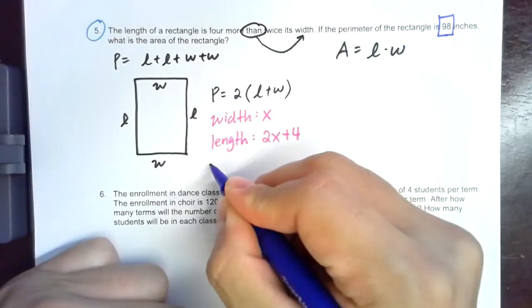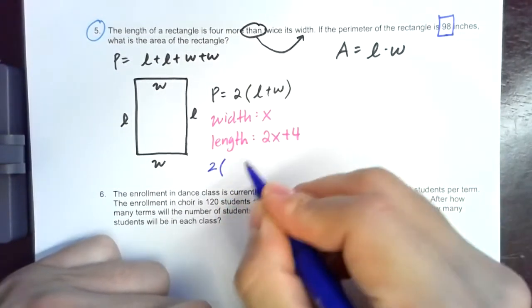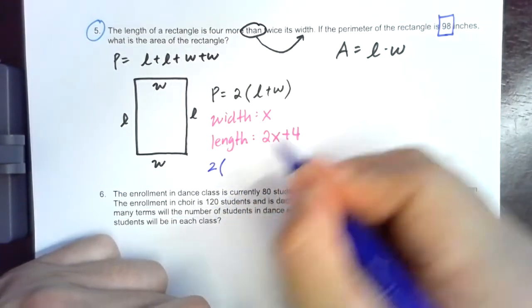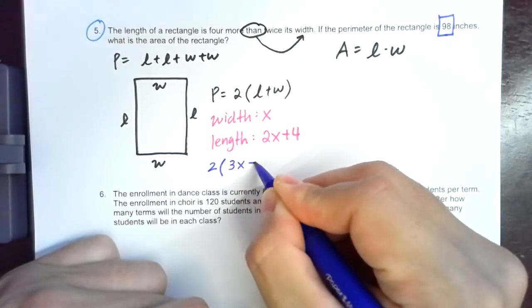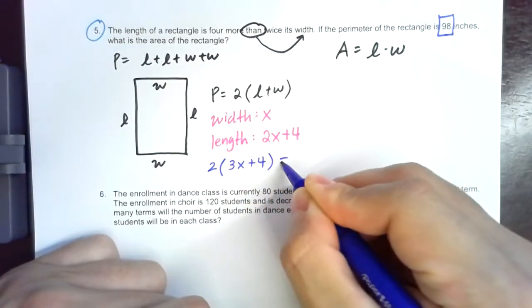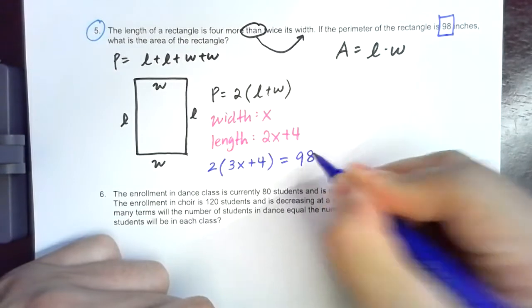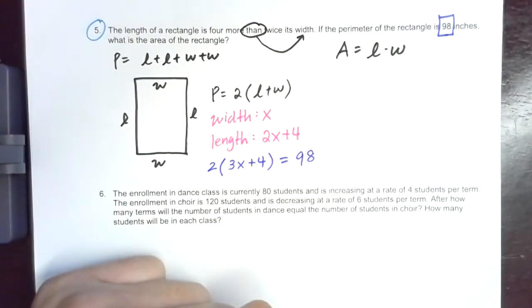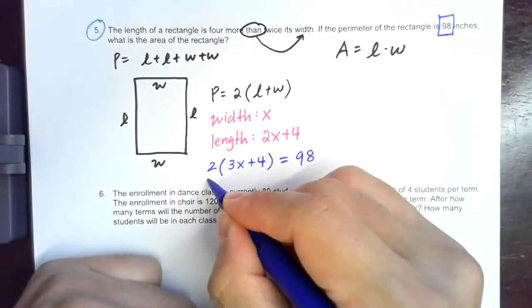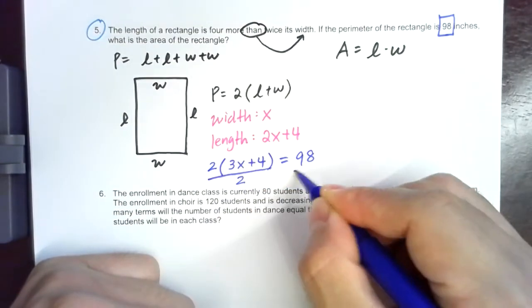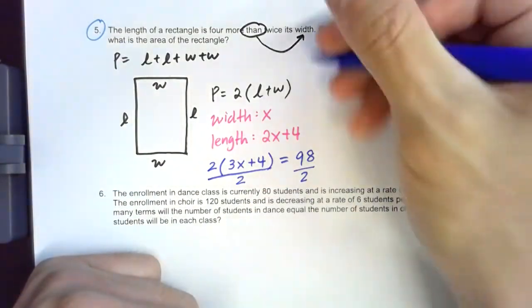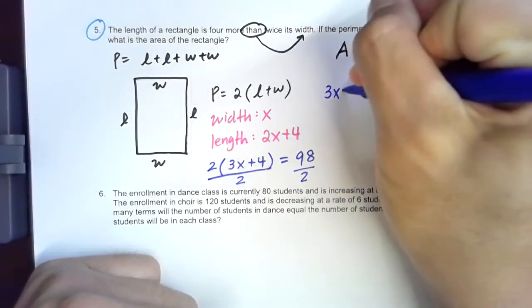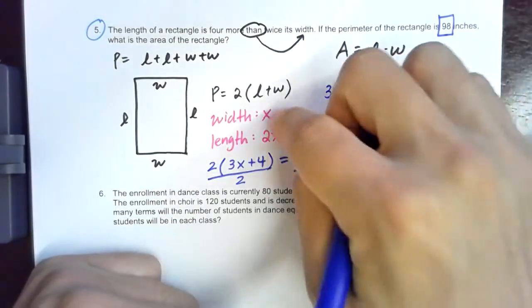Okay, so that's what I'm going to do. I'm going to go ahead and double it. 2 times (x plus 2x plus 4), which is 2 times (3x plus 4), and that's going to equal 98, right? That's the total perimeter. Now, instead of distributing the 2, I'm going to just divide by 2, and I get 3x plus 4.